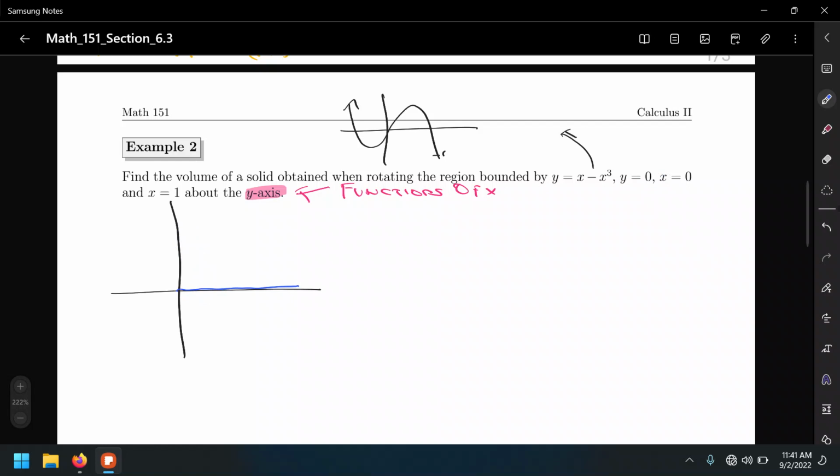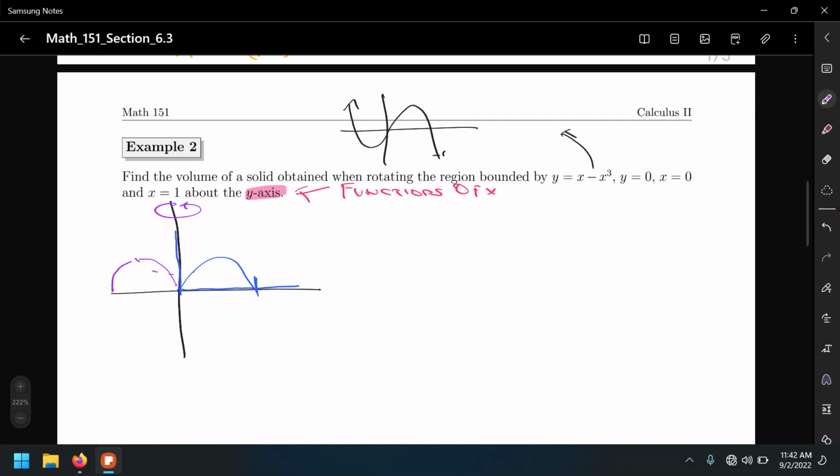What else? X equals 0. And we only need this portion of the graph where x is also equal to 1. And we will rotate this about the y-axis. This should mirror this.